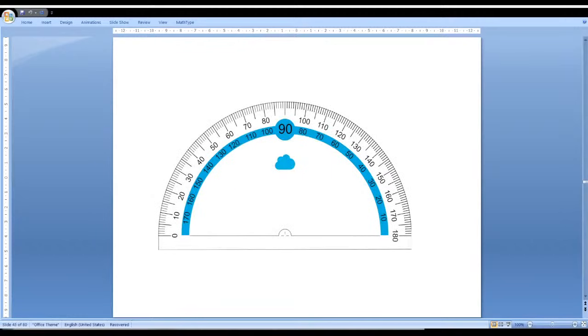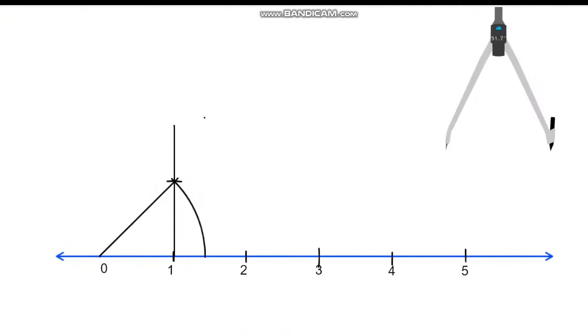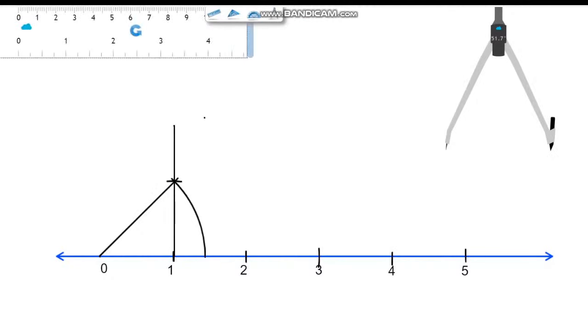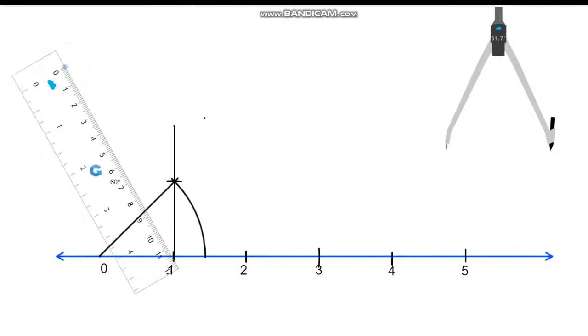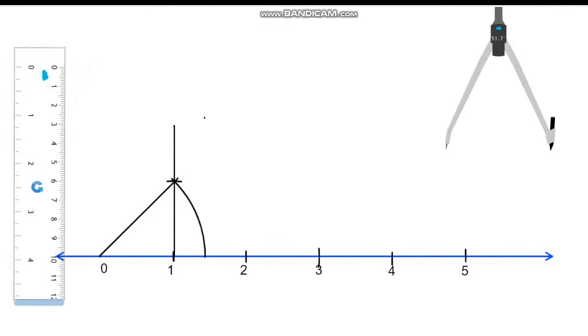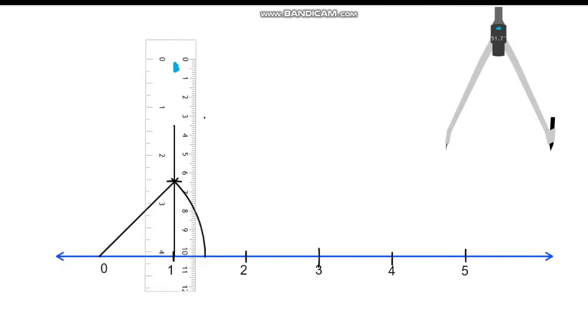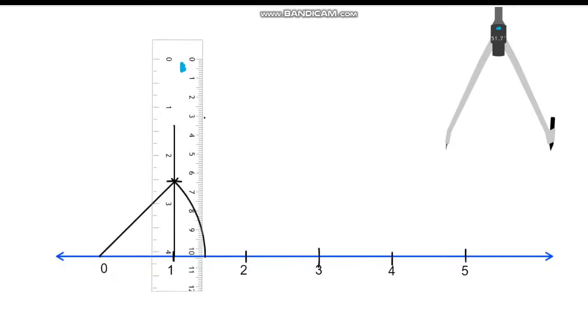Use a protractor to measure a 90-degree angle. Now see here, I have already taken this point using the protractor.